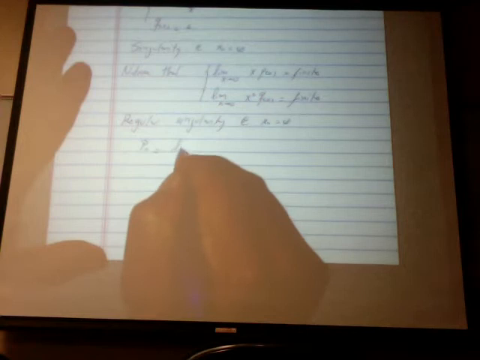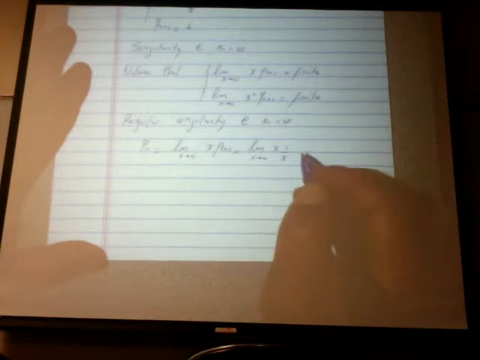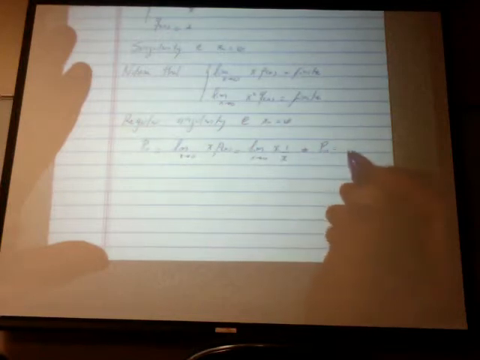So we can determine p minus 1, the expansion point, which is equal to the limit when x goes to 0 of x times p of x, which is equal to the limit of x times 1 over x. The x goes with the x. What is p minus 1? 1.